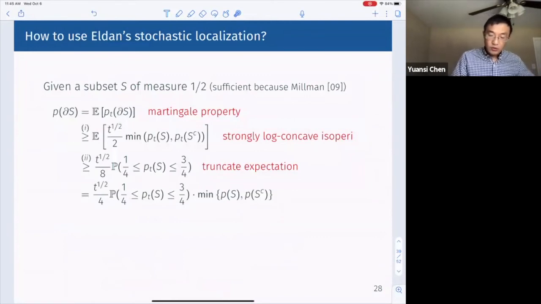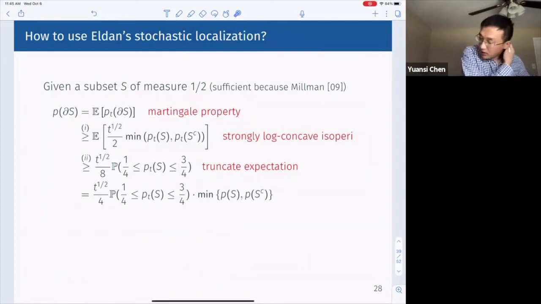Okay, how do we use the Lee-Vempala stochastic localization here? It's similar inequalities. First, we start with the fact that we only need to consider subsets of measure 1/2.